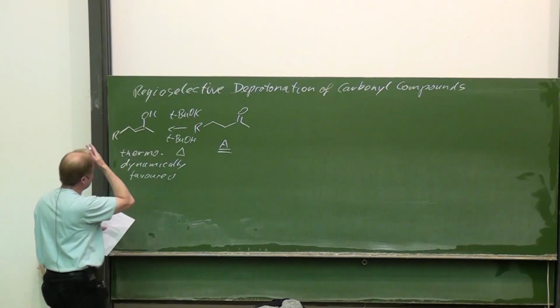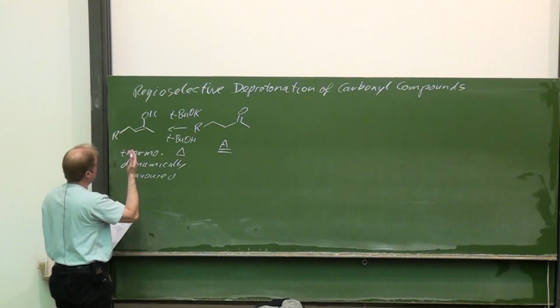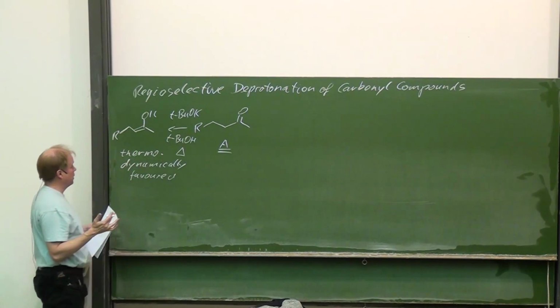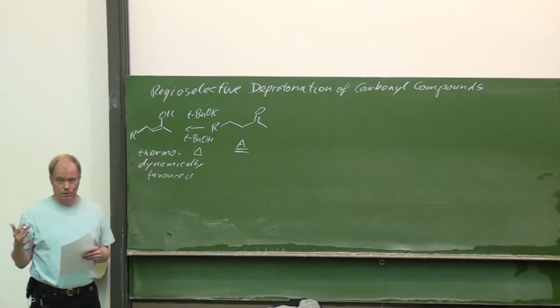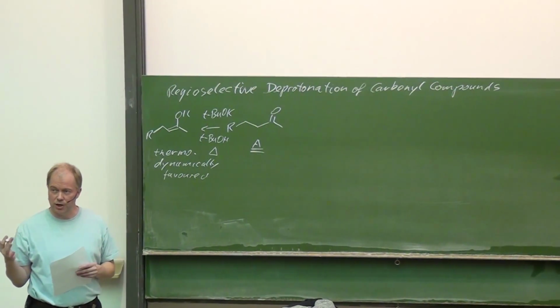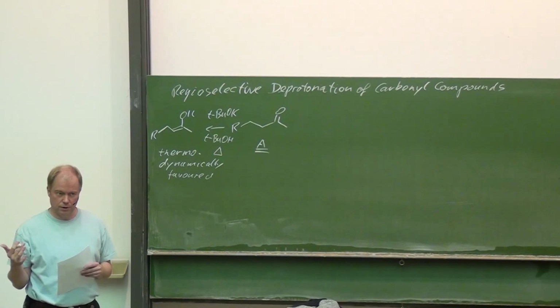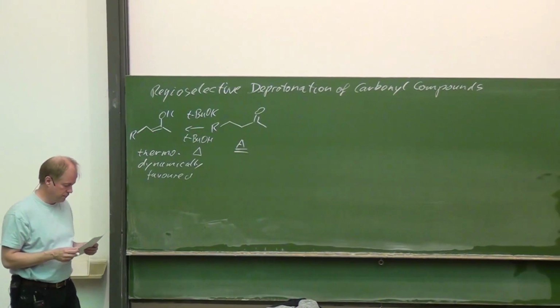So the substituents help to allocate the anionic charge of the enolate just by inductive effects.